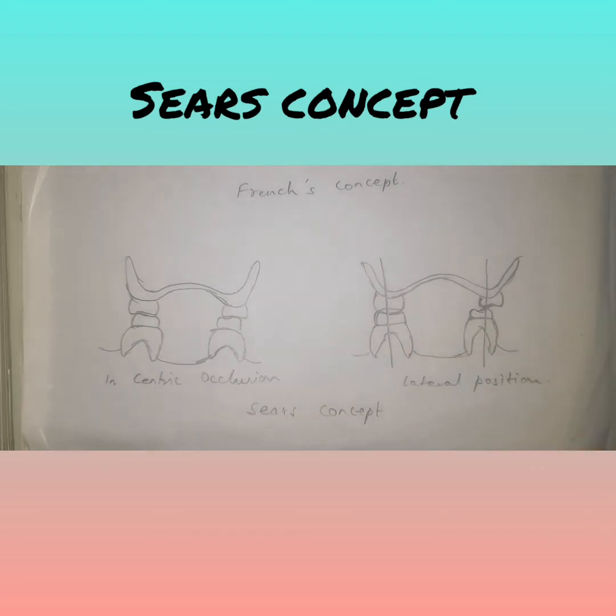In the lateral position on the working side, they are directed towards the ridges, but on the non-working or balancing side, they are directed towards the buccal side of the ridges.